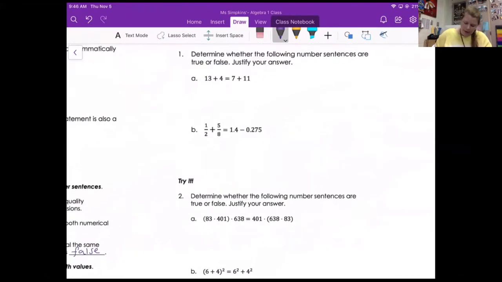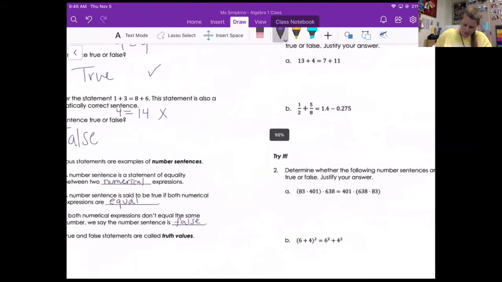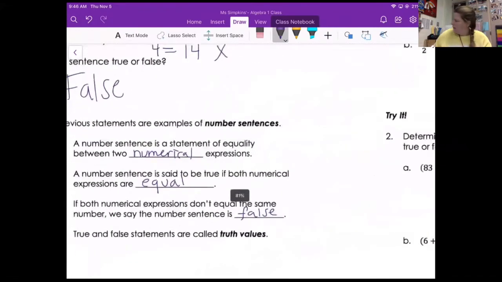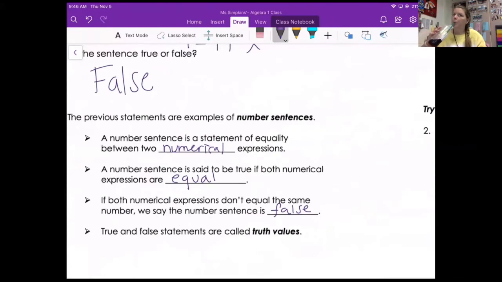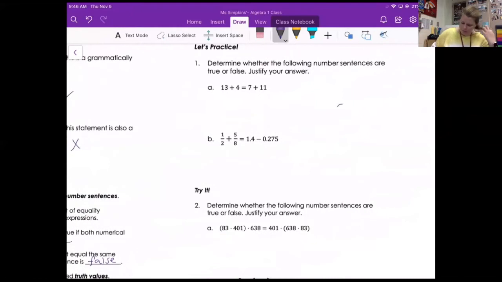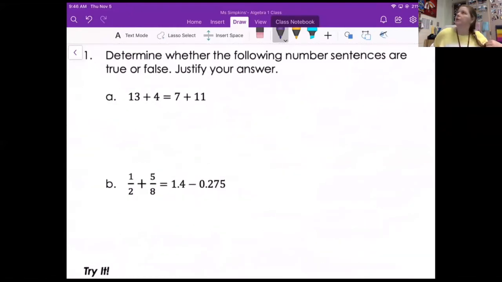So if we look at letter, and here, I'll leave that up there for just a second because I see some of you still working on that. Okay, so if we look at number 1, 13 + 4 = 7 + 11. True or false? Okay, we're saying false.